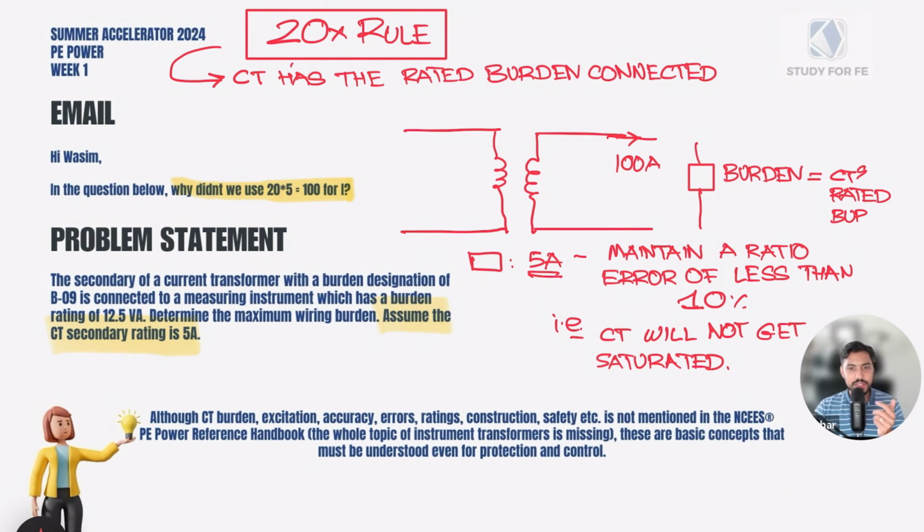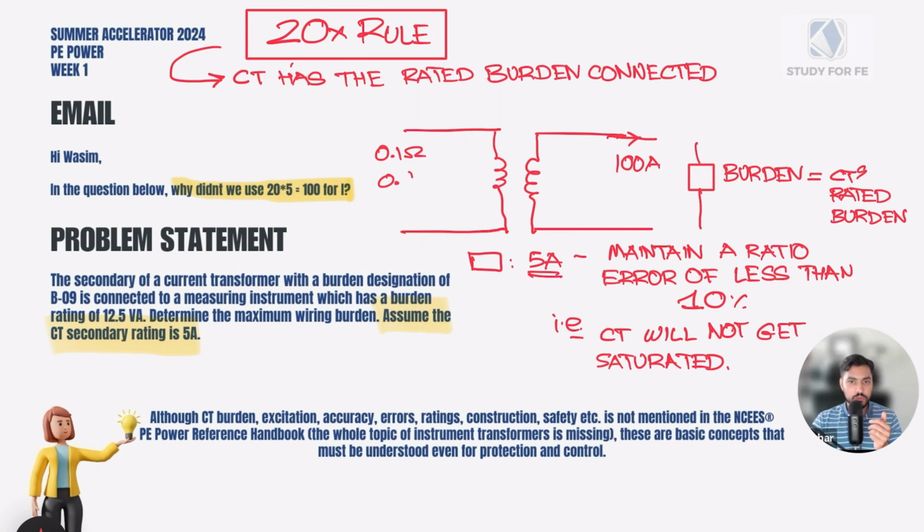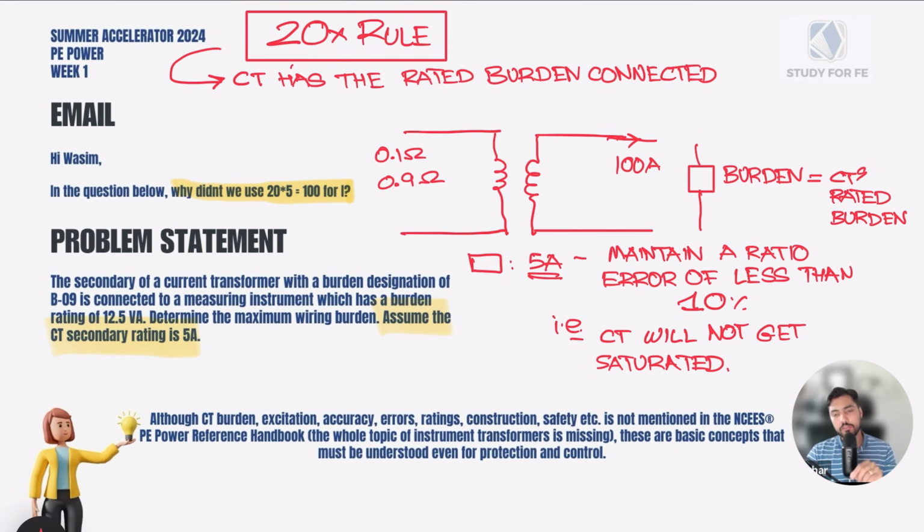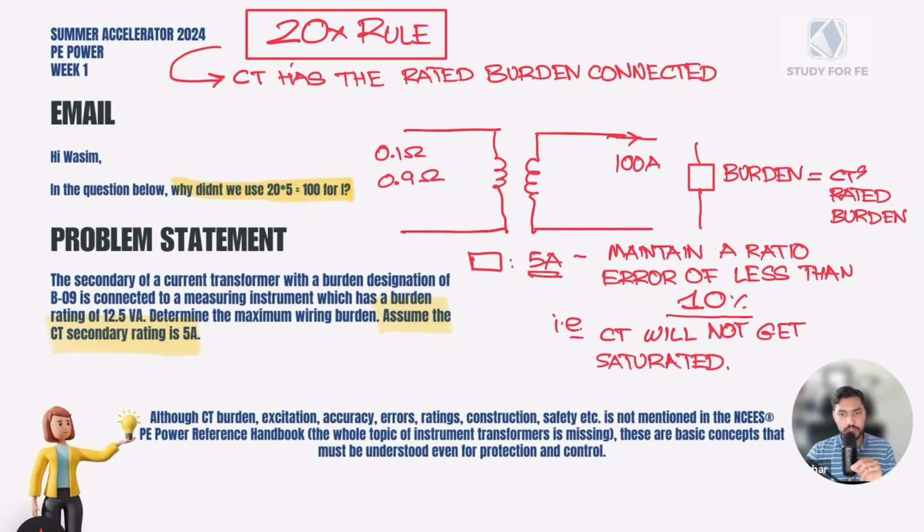Now let's assume that this CT is a 0.9 ohm CT or 0.1 ohm CT, right? As long as we do not exceed that burden rating, then we can have 20 times current flowing on the CT secondary, and it will still be able to maintain this 10% ratio error.